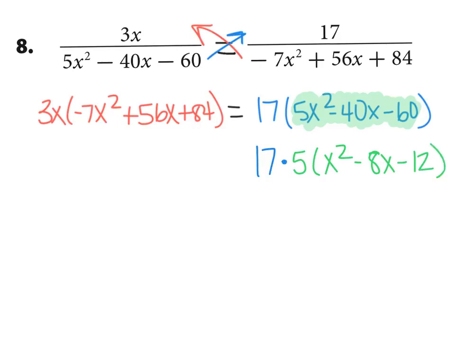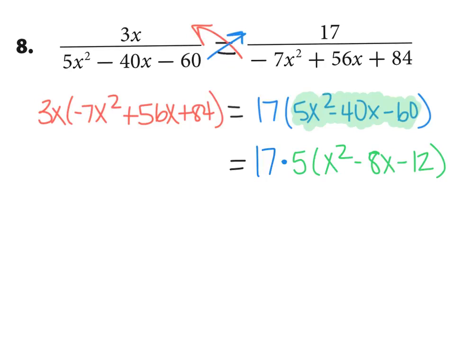Does that factor? x minus 6 and x minus 2. Does that work? No. That'd be positive 12. It would have to be positive 12 in order for that to work. So that doesn't factor. Ooh, okay, that's going to be interesting.